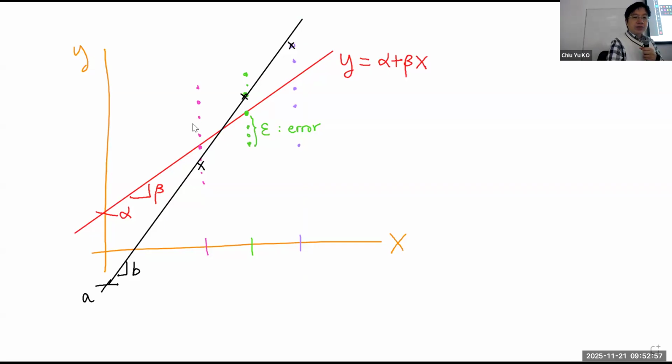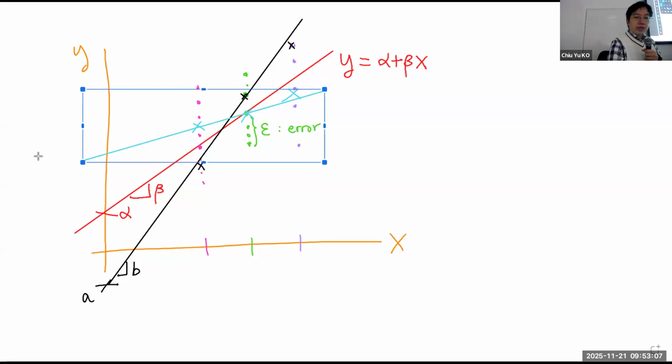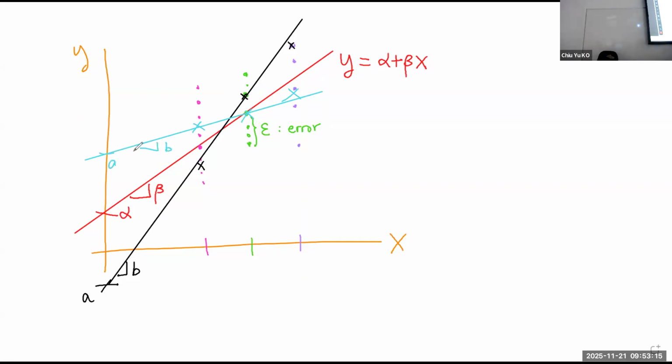Maybe you end up with these three points here, and if you run the regression, you may end up with this B and this A. So you end up with different B's and different A's.